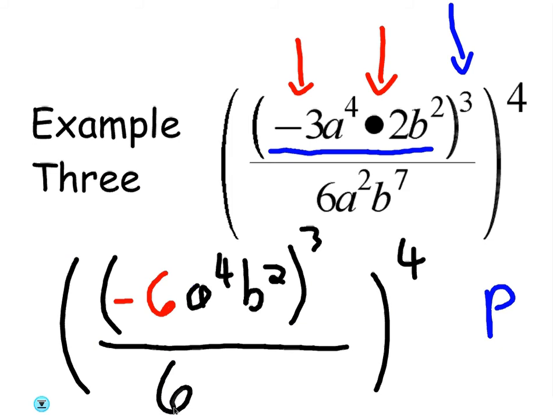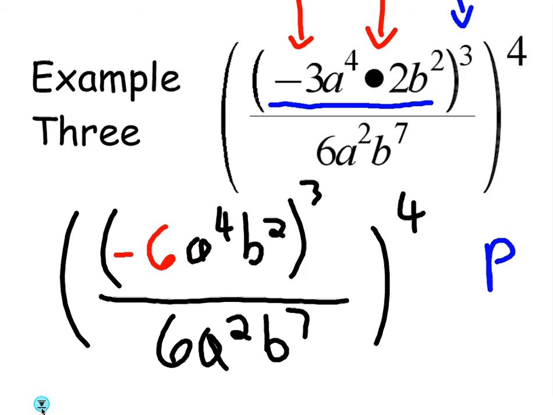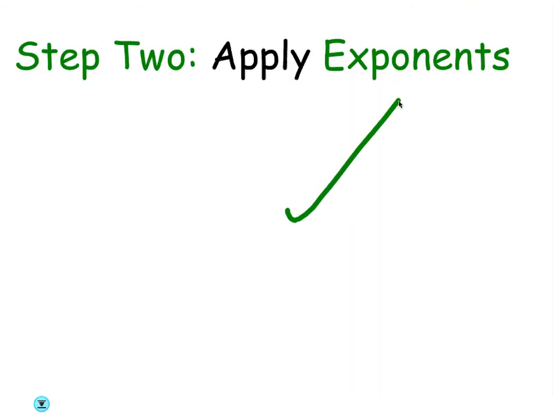And the bottom's still going to be a squared b to the 7th, okay? But she brought up a good point. We would look to see if we can divide at this point, but what comes before division? Exponent. So we need to now apply this exponent to each of these terms, which is the exponent step.